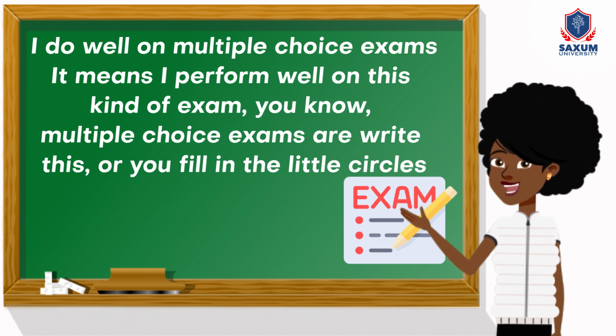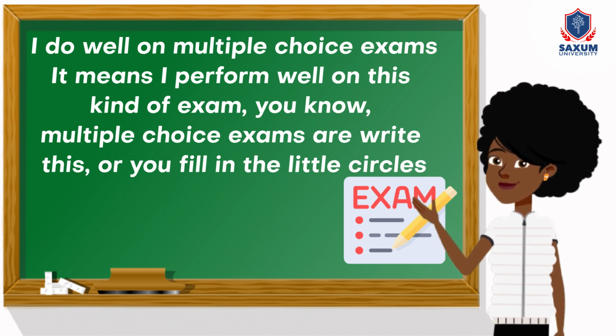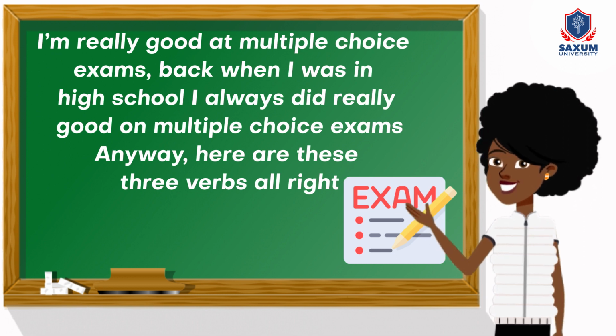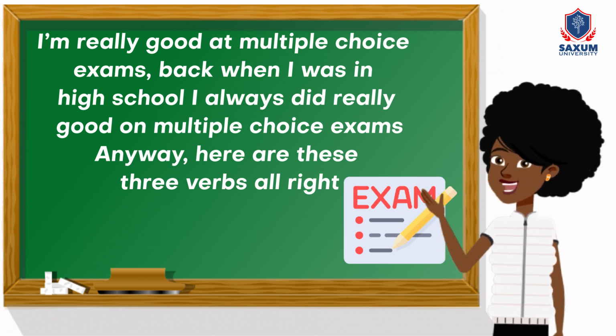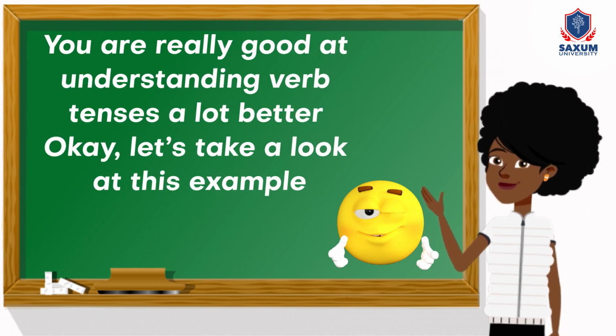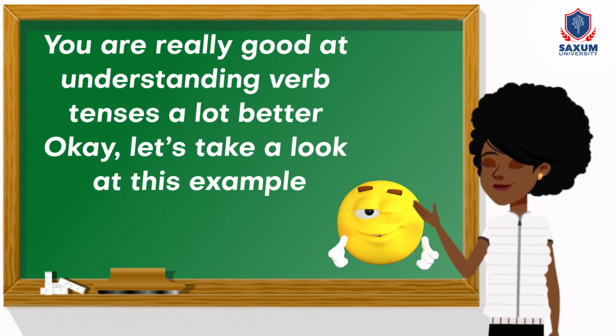You know, multiple choice exams are where you fill in the little circles. I'm really good at multiple choice exams. Back when I was in high school, I always did really good on multiple choice exams. Anyway, here are these three verbs, all right. If you can understand these verbs, be, have, do, you are going to understand verb tenses a lot better.